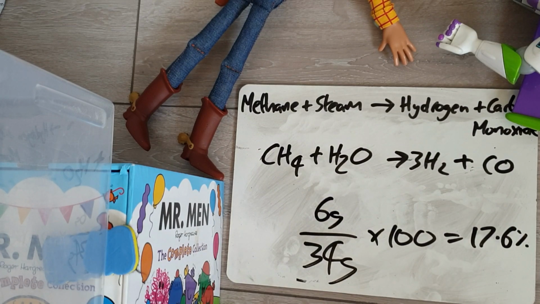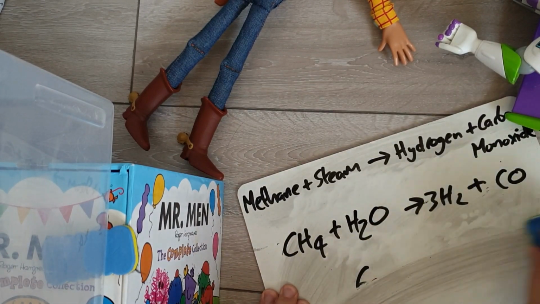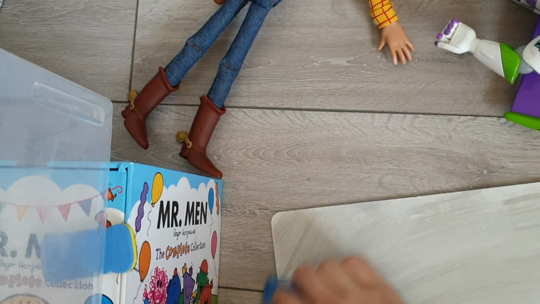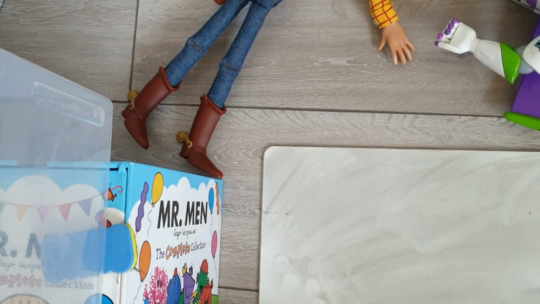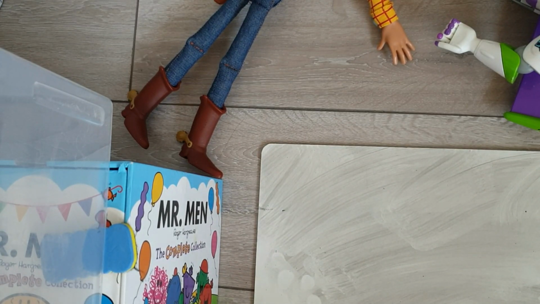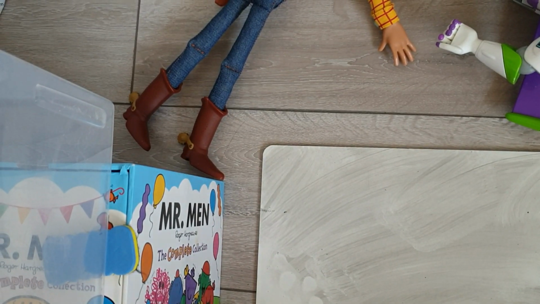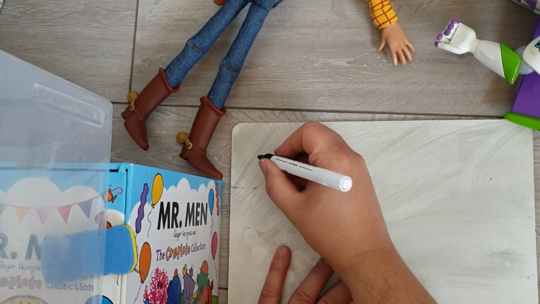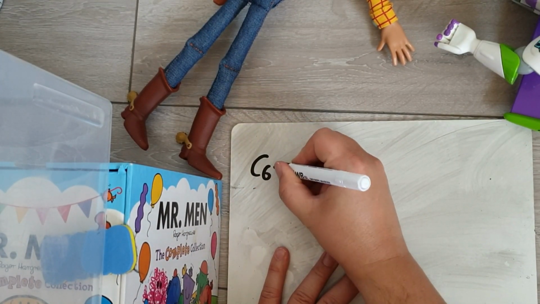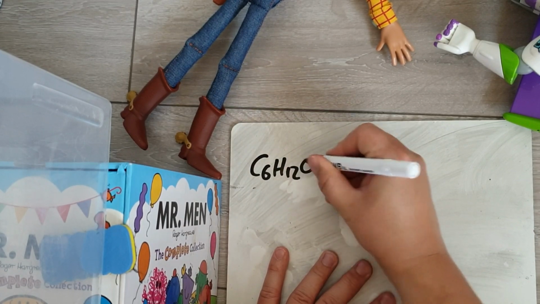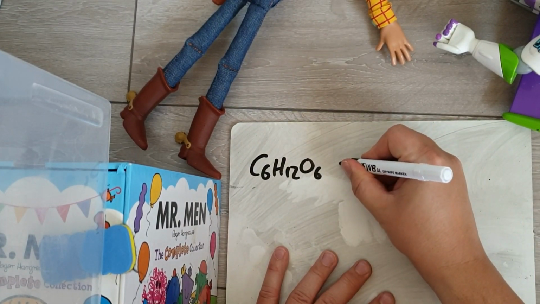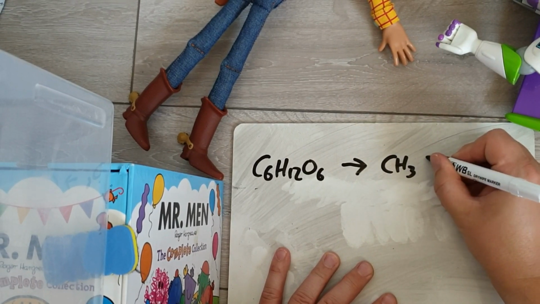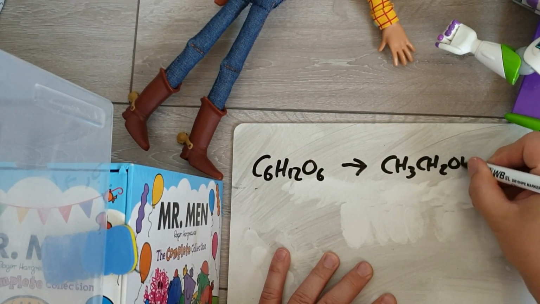If we're going to look at a different reaction for atom economy, we're going to try and ferment some sugar, glucose, into ethanol, alcohol. So the reaction for that, we start off with our glucose, which is C6H12O6, and we are going to turn that into CH3CH2OH.